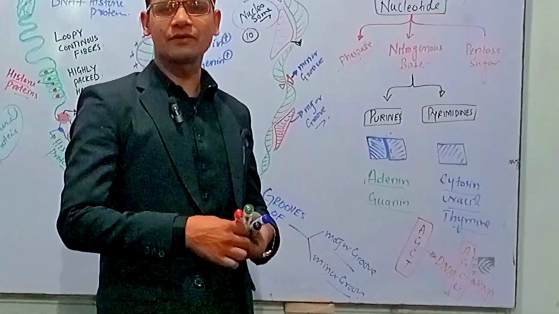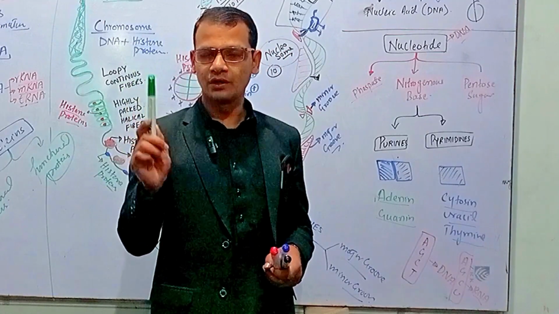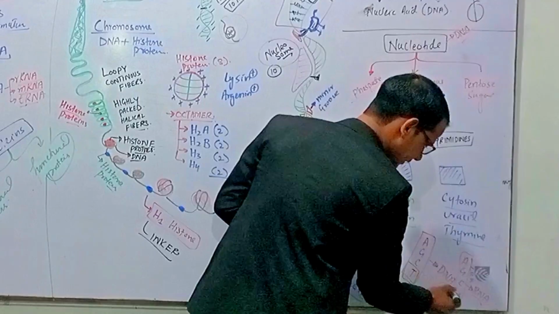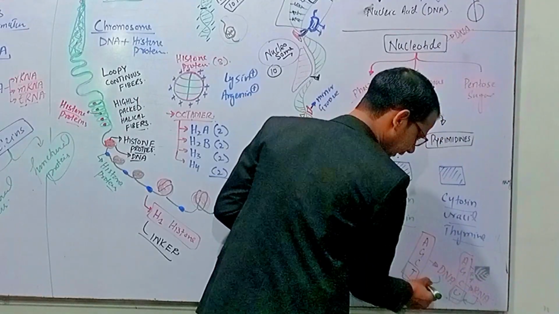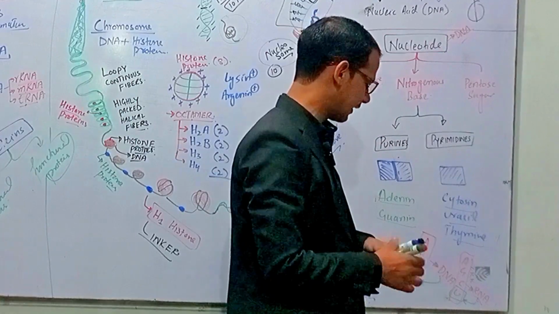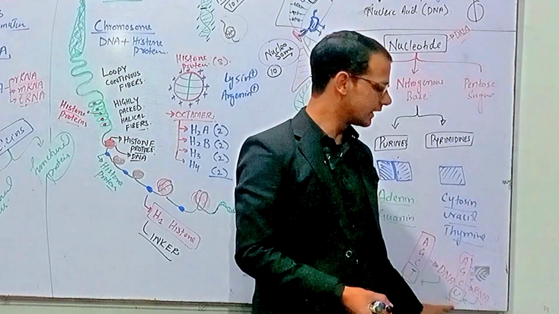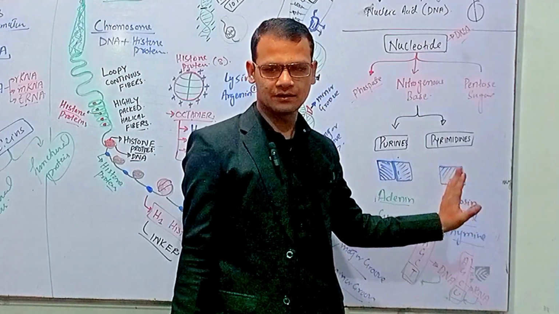On the basis of nitrogenous bases, the only difference between RNA and DNA is that RNA has uracil and DNA has thymine, because in RNA thymine is replaced by uracil, right? So these are nitrogenous bases, we will discuss in detail.